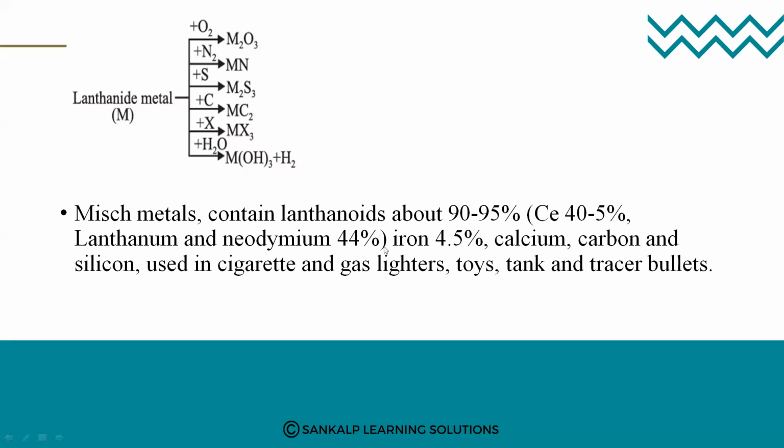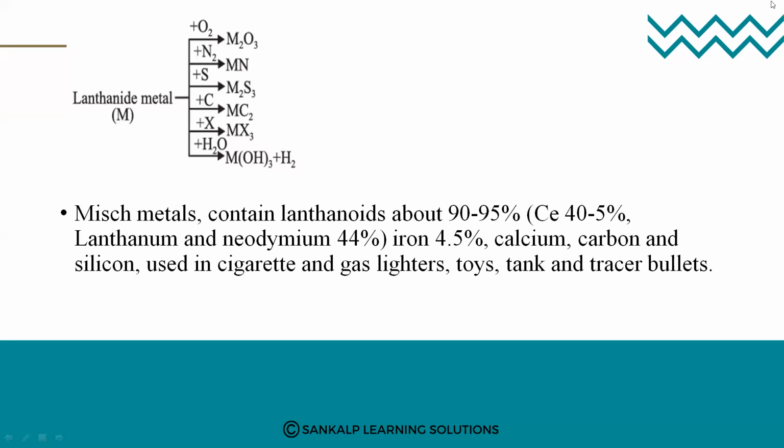Misch metal is nothing but an alloy of some rare earth elements. Typically the composition includes more of cerium. Whenever cerium alloys are made, they are called misch metals and they consist mostly of cerium.